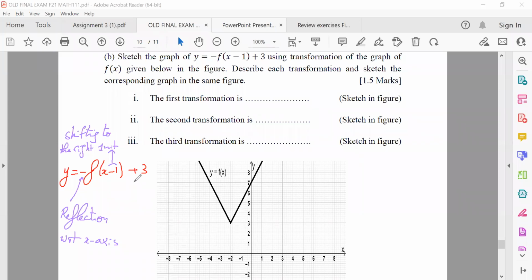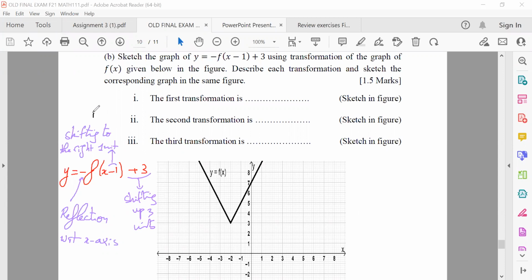And finally, this plus 3 outside is shifting up 3 units. So the question is, what is the order of these transformations?